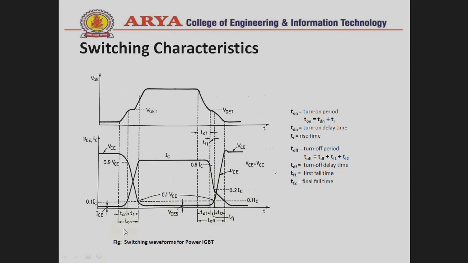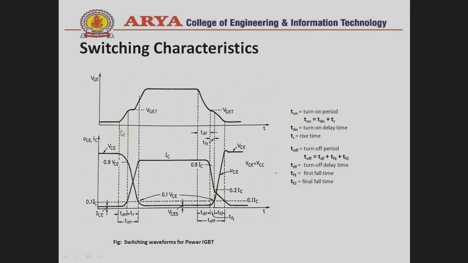The T-on time period is divided into two time intervals, that is TDN and TR. TDN is the turn-on delay time and TR is the rise time, and the T-off time period is divided into three time intervals, that is TDF, TF1 and TF2. TDF is the turn-off delay time, TF1 is the first fall time and TF2 is the final fall time.